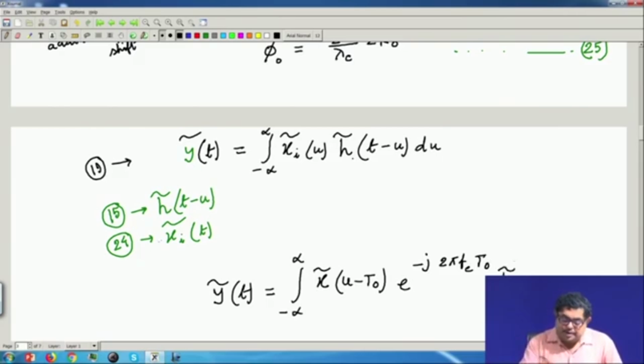Still I have not put the value of h, but in 15 we have that value. What is h?